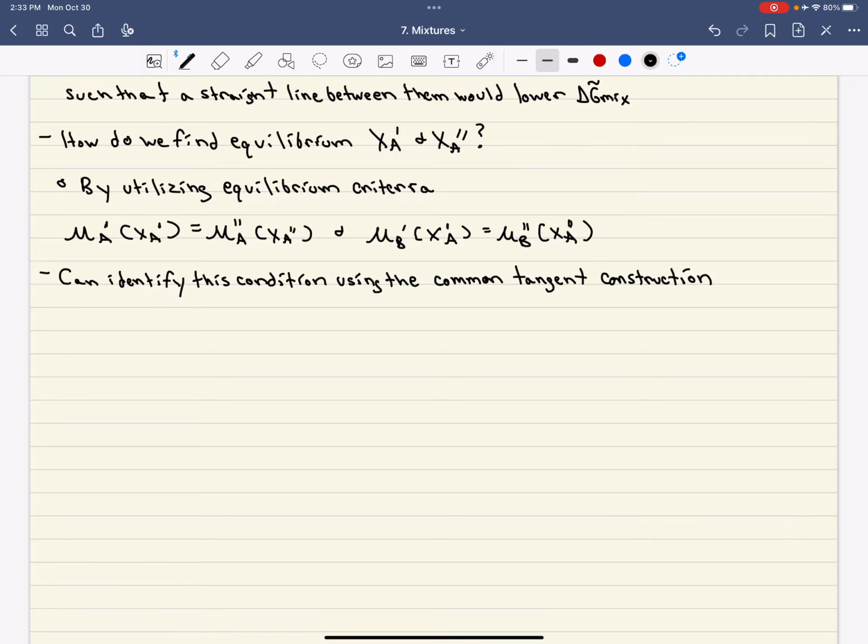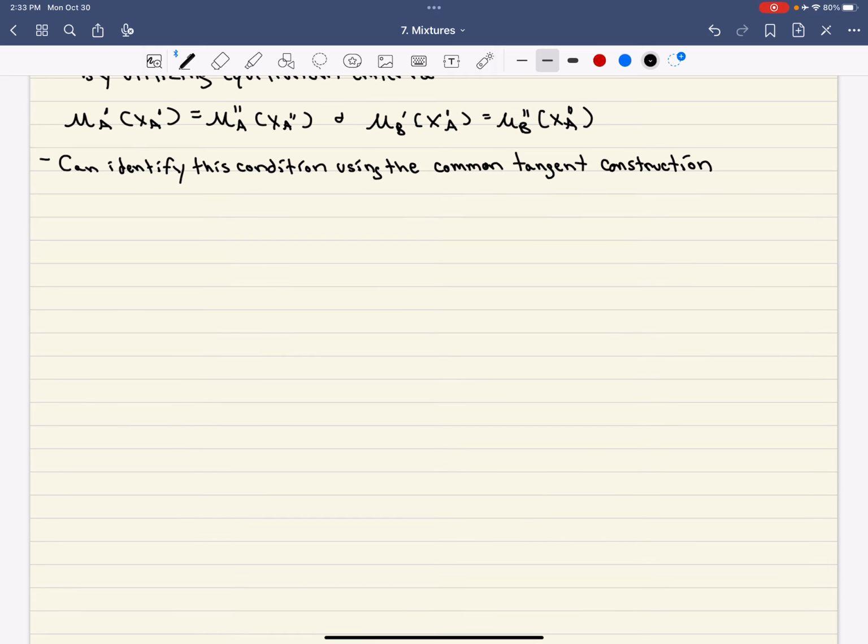Okay? Alright, and so what that means is that if we think about delta G mix, we've written it in many different ways, but another way that we could write it is actually in terms of the chemical potentials, right?